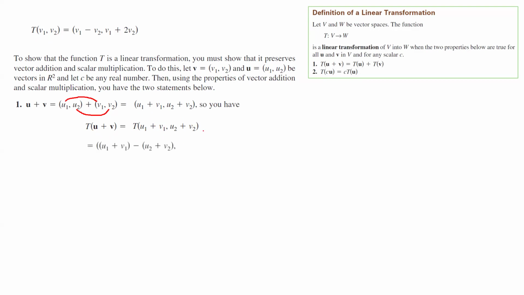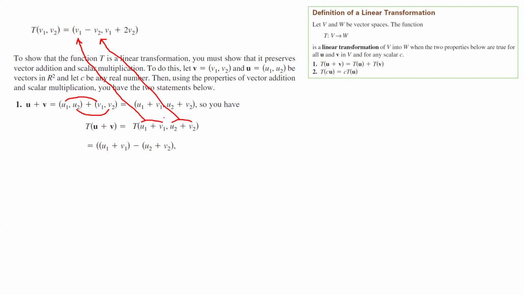By definition, this becomes U1 plus V1 minus (U2 plus V2), because this is now substituted for V1, and this is substituted for V2. So you have U1 plus V1 minus U2 plus V2, comma.